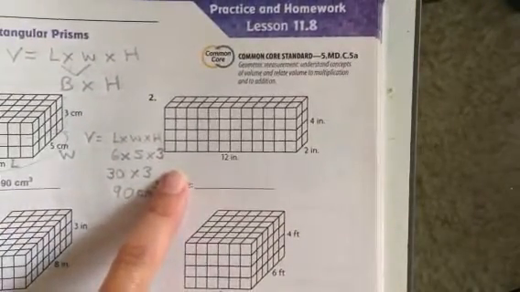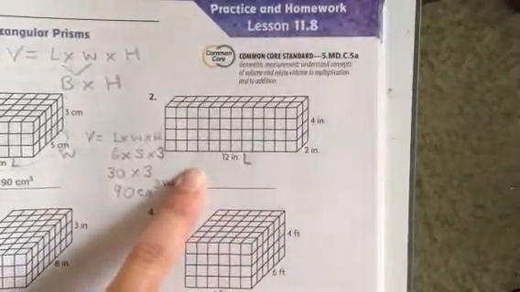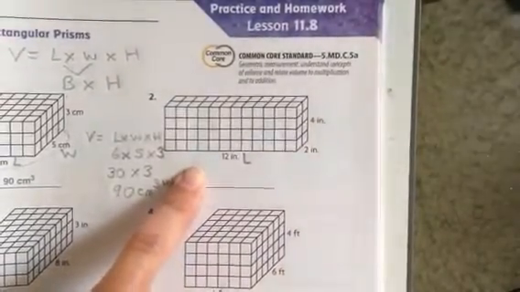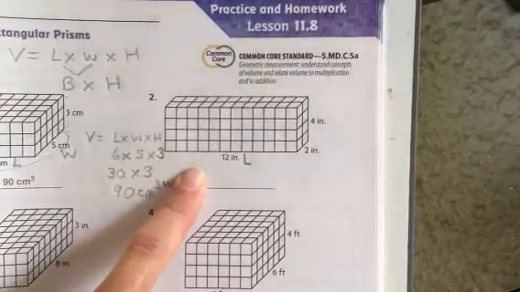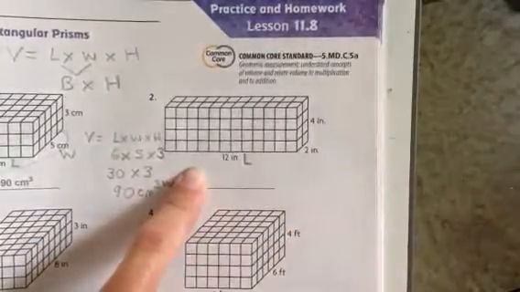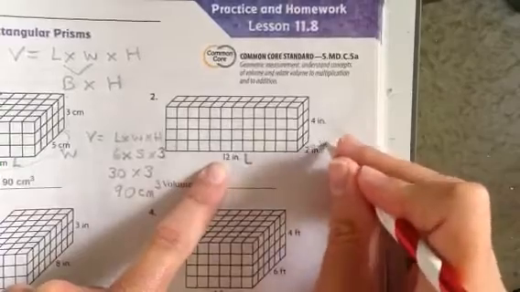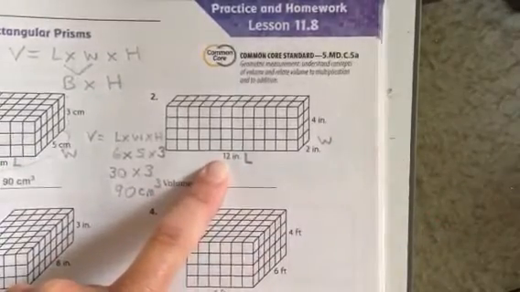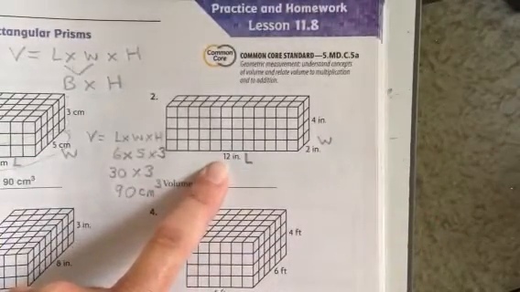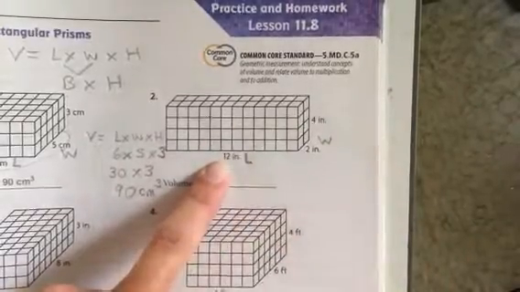Okay, next one. Here's our length, and that might be tricky. The tricky part might be thinking about which one's the length, which one's the width. Height's pretty easy to figure out because it's just looking at how high it is or how tall it is. Length times the width, okay, but it really doesn't technically matter because of the commutative property, which way the order goes in.